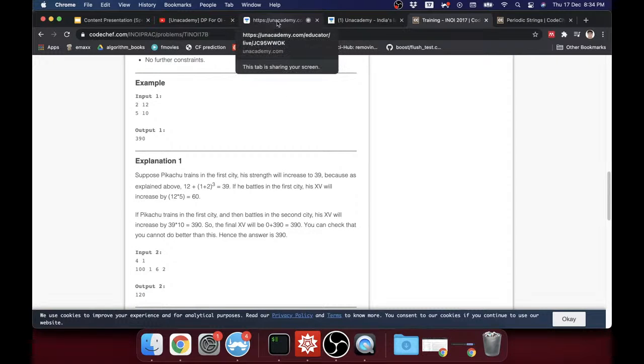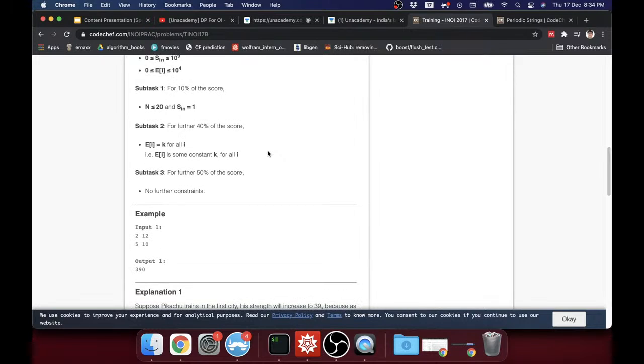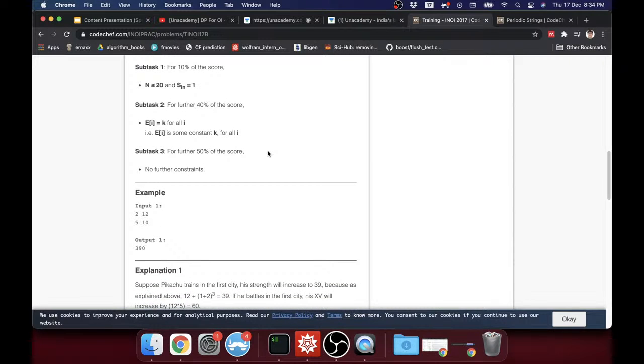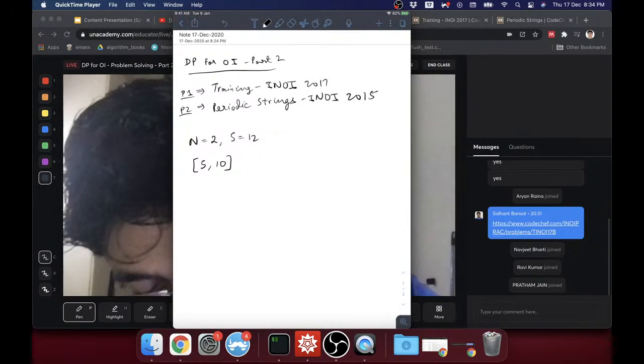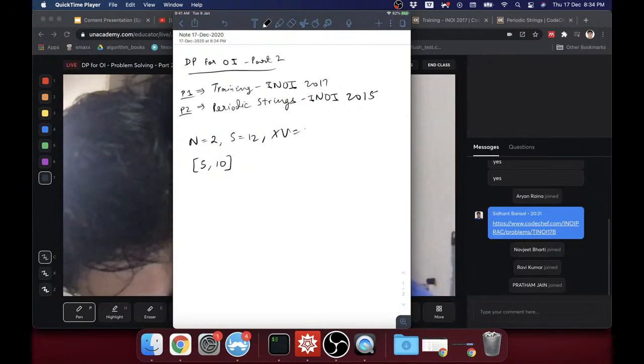Let me write the sample down. N is 2, S is 12, and the array is 5, 10. Your experience currently, which is XV, is 0.